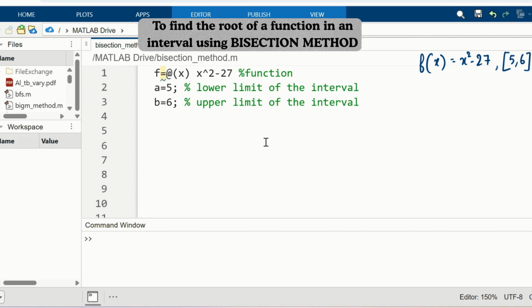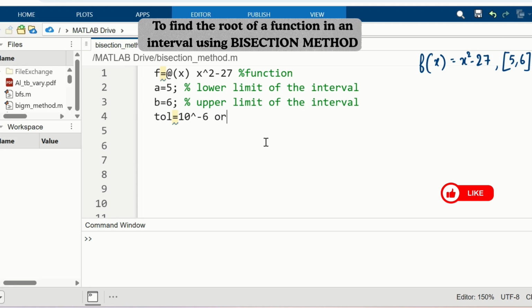Now we will write the tolerance limit. We define tolerance as TOL. Tolerance will help you to calculate the error. You have to write the step also where we have to stop. This is an iterative method and it keeps on going, so you have to define exactly where you need to stop. For this, the error will be calculated using the tolerance limit. You can define your tolerance limit as, suppose, 10 raised to the power minus 6.